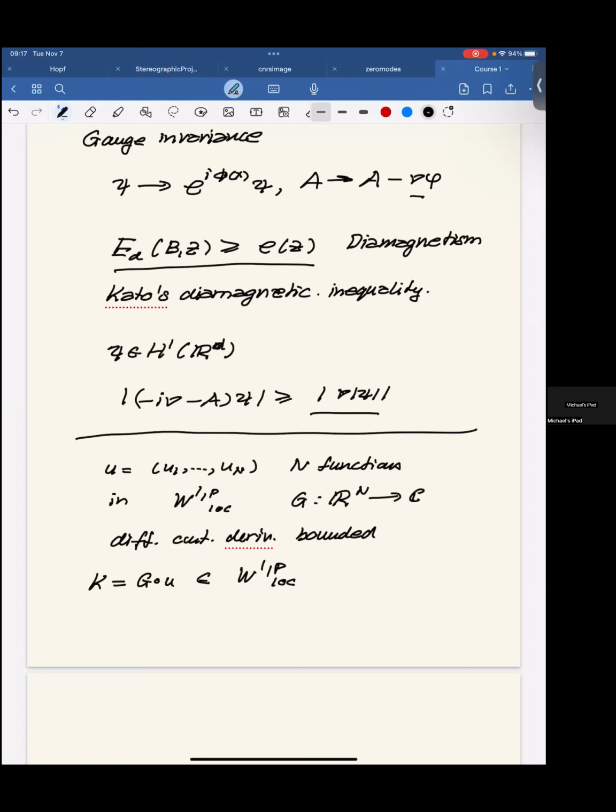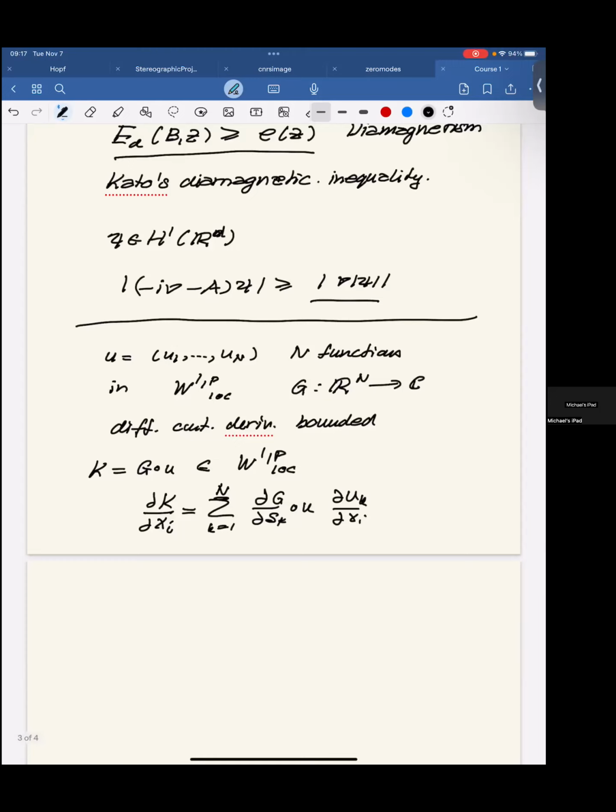It turns out that this function K is again in W^{1,p}_loc, and you can differentiate K in the weak sense, written in the standard way with the derivatives of u_k with respect to x_i. Moreover, when G has the property that it vanishes at 0, and the u's are in W^{1,p} of Rd, then K is also in W^{1,p} of Rd.